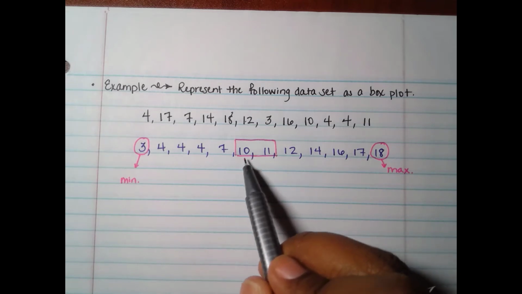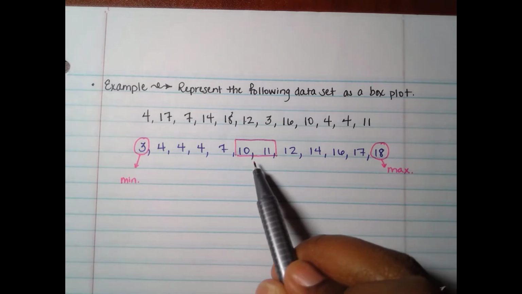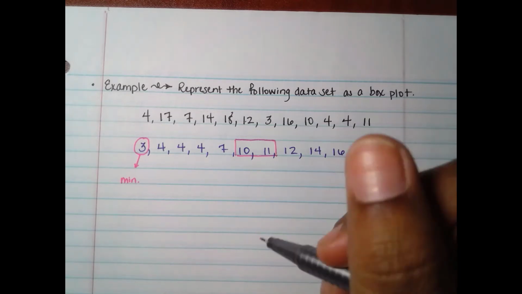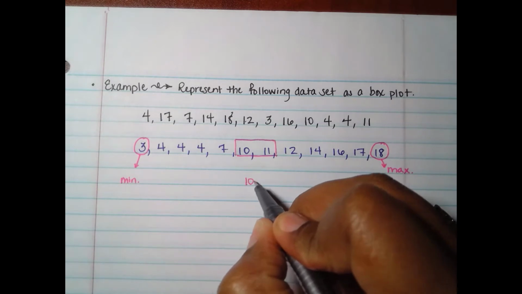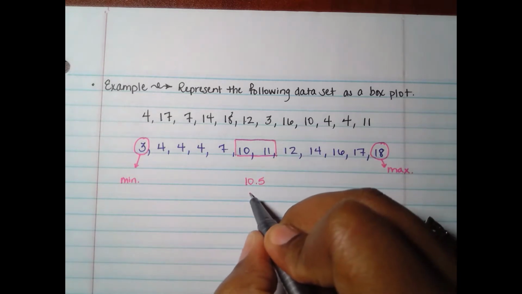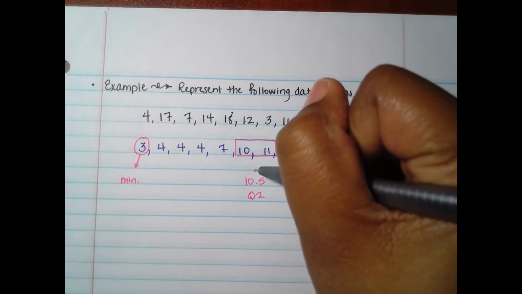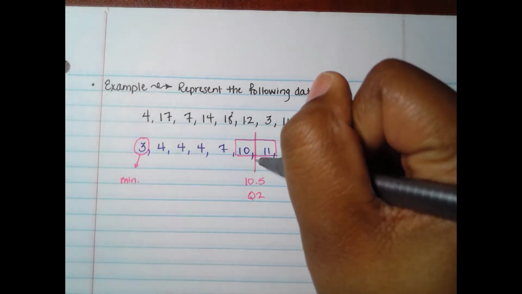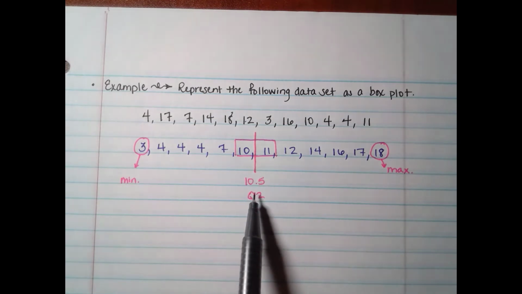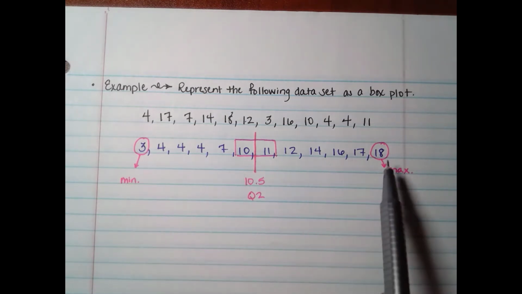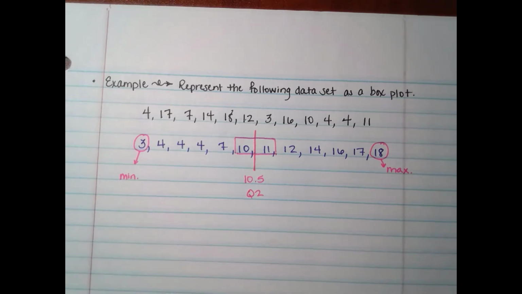So if you add 10 plus 11, you get 21. 21 divided by 2 is 10.5. So that's Q2, or the median. So every number below this would be the lower half. Every number above this would be the upper half.